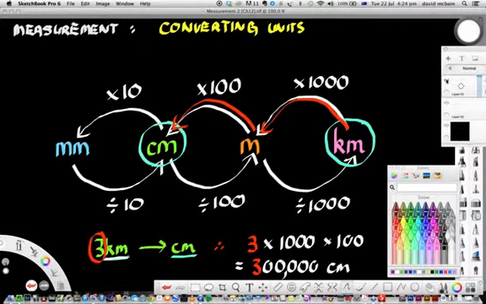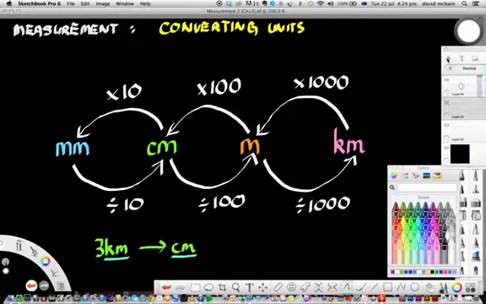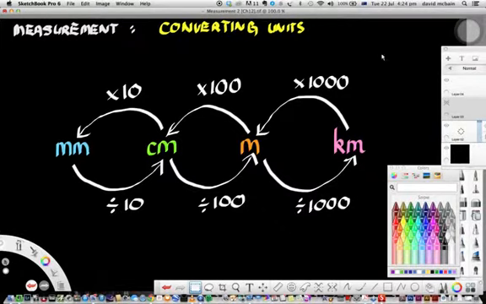So if we hide that and add a new layer, next example, we want to take 18 centimeters and convert that to meters.